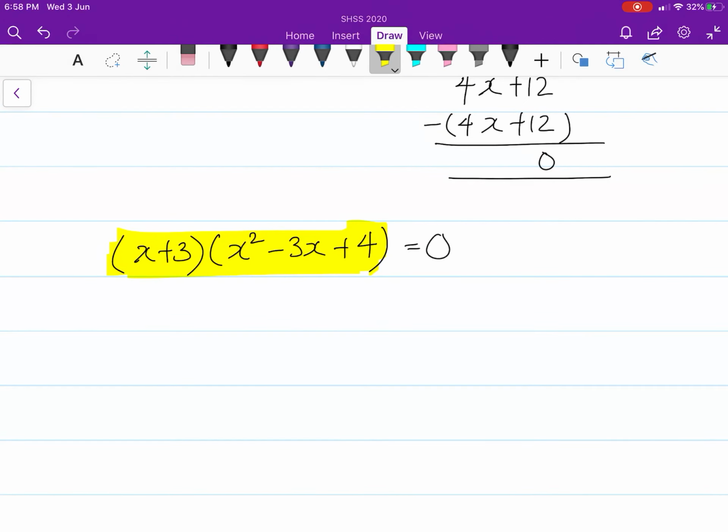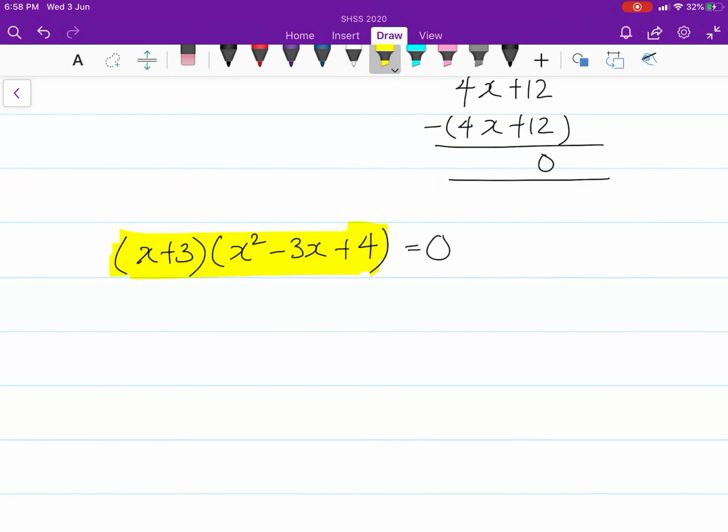Let's try to solve. We have two brackets equals 0. So it's either x plus 3 equals 0 or x squared minus 3x plus 4 equals 0. Now we all know this is x equals negative 3, or let's try to solve x squared minus 3x plus 4 equals 0.